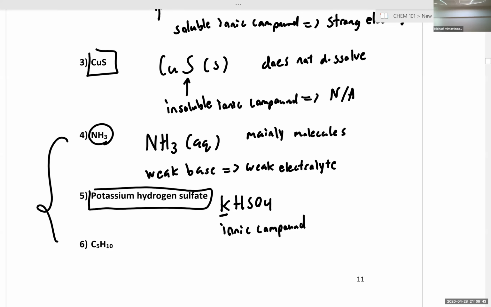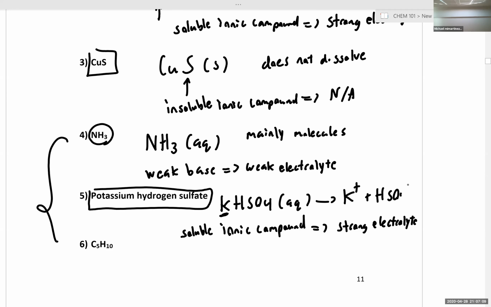I'll give you a hint. We see this wonderful potassium ion. So is it soluble? Yep, exactly right. So this soluble ionic compound gets an aqueous symbol. It's a strong electrolyte because it's a soluble ionic compound, and it dissociates to yield its component ions of potassium plus and hydrogen sulfate ion. So we have ions in solution.